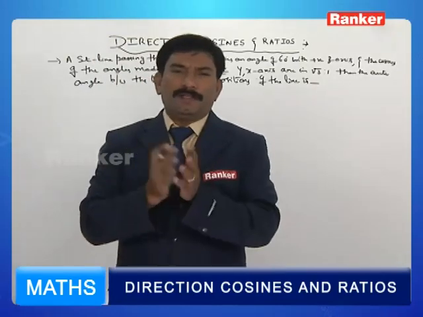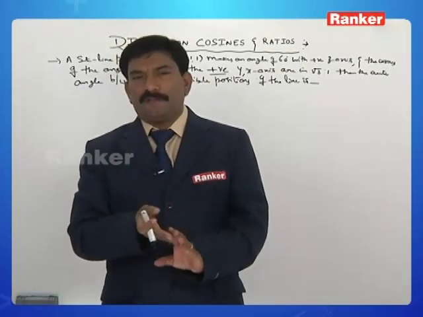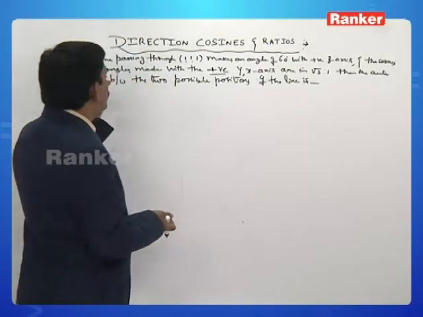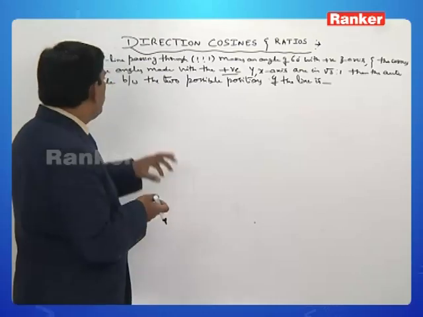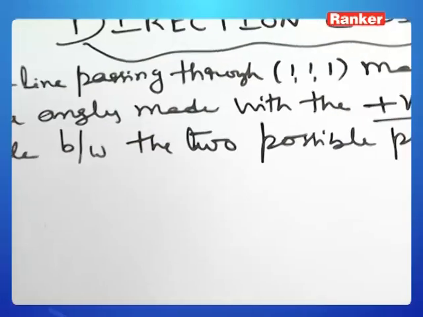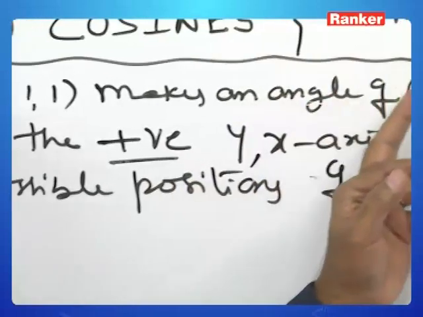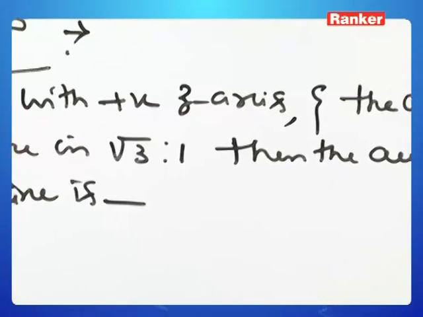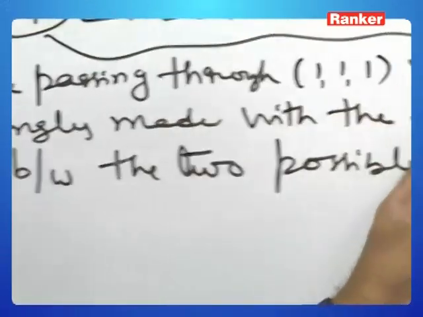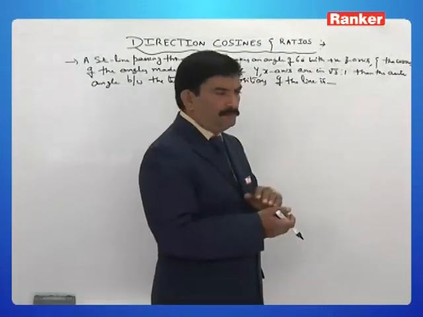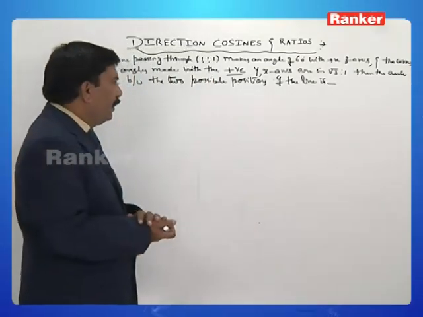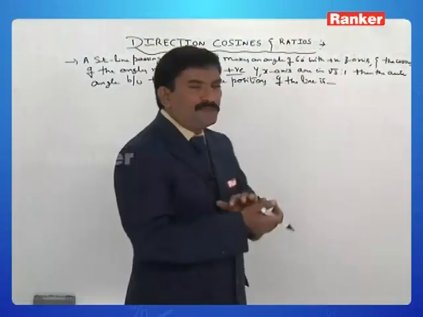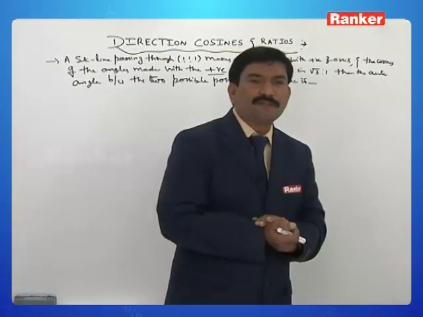Let us recall the definition of the angle between two lines under different conditions. Now one concept-oriented problem: a straight line passing through 1, 1 makes an angle of 60 degrees with the positive z axis, and the cosines of the angles made with the positive y and x axes are in the ratio root 3 to 1. Then the acute angle between the two possible positions of the line is dash.